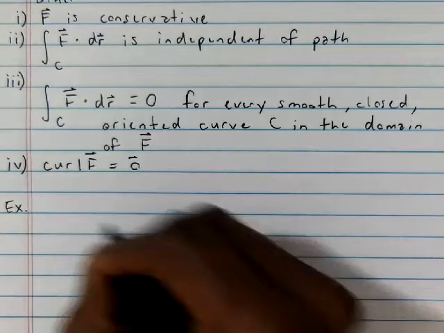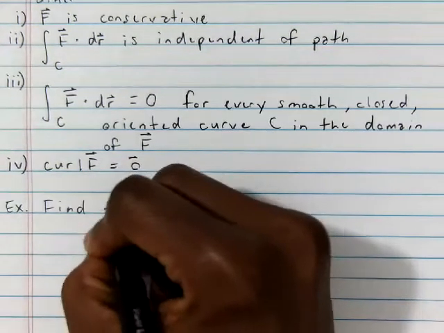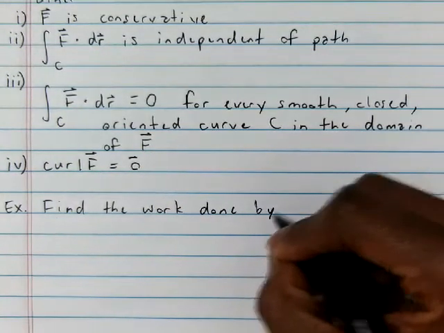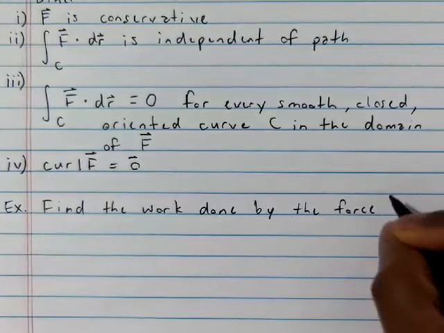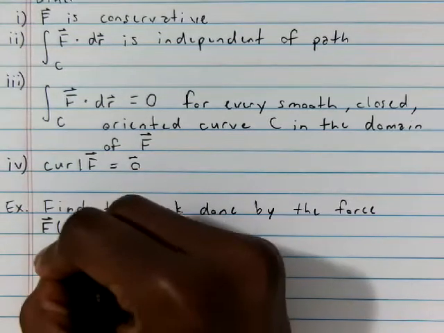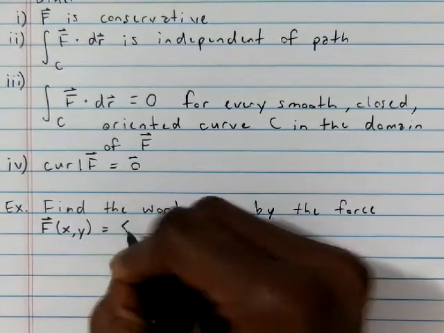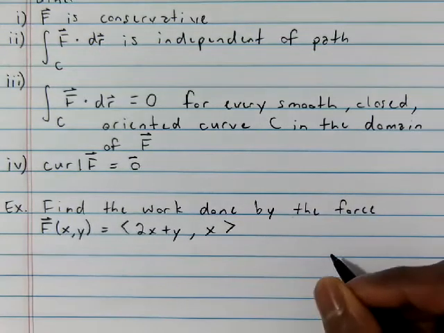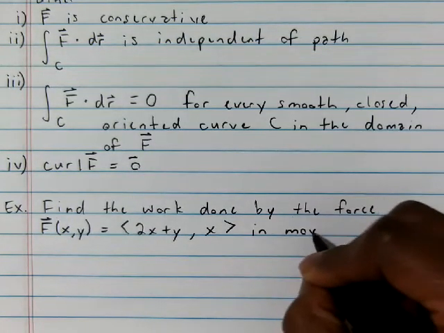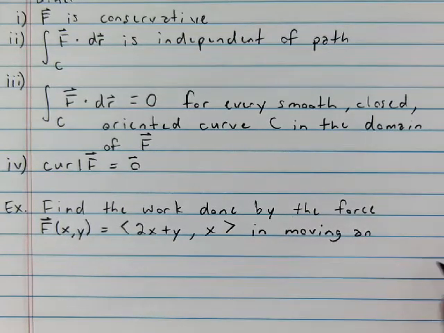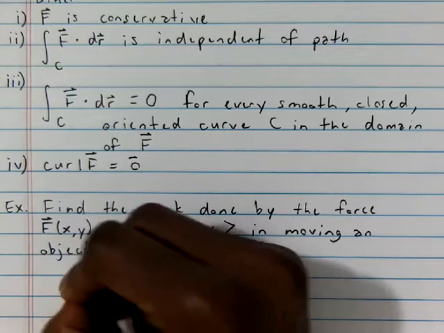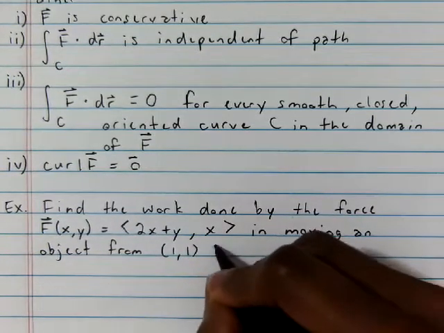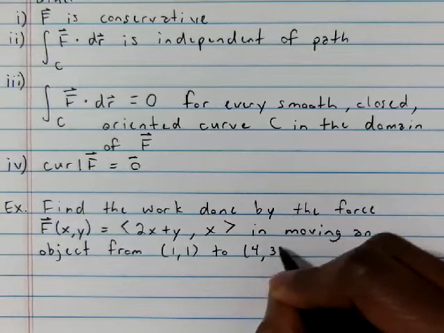Example: find the work done by the force F of x, y equals 2x plus y, comma x, in moving an object from (1, 1) to (4, 3).